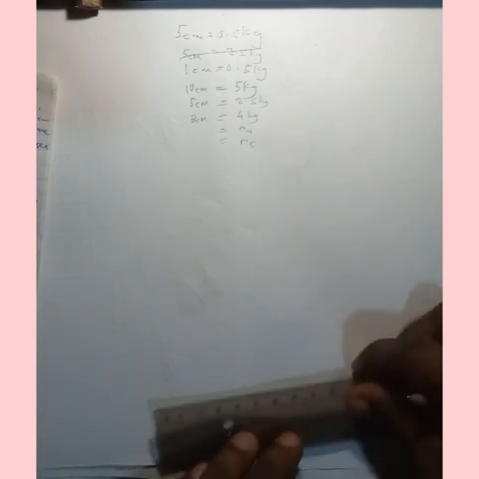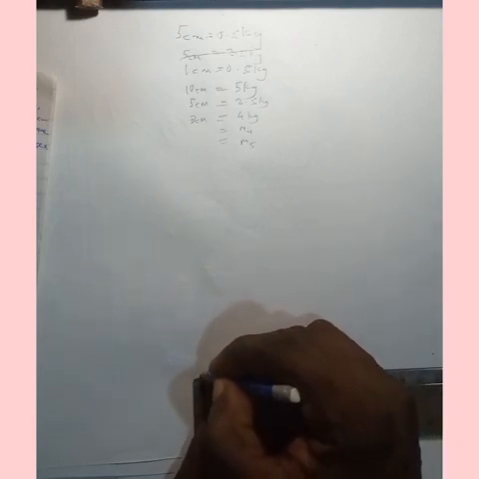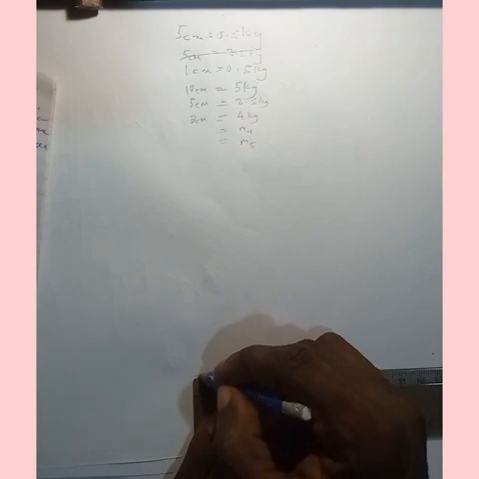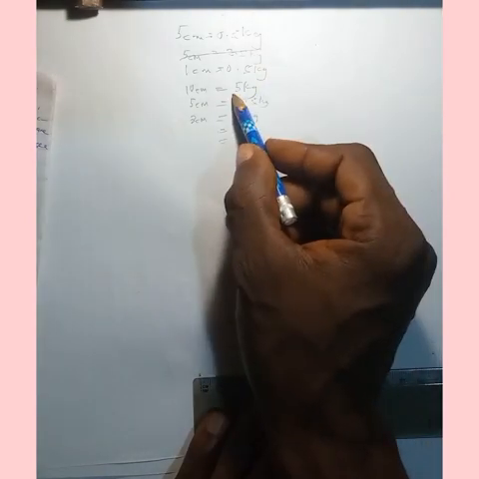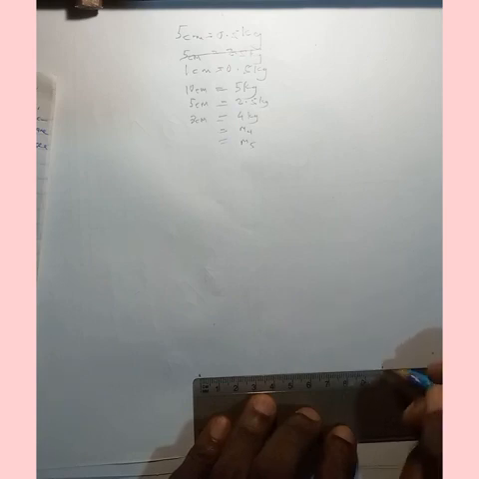We were already told that the horizontal is M1, and this is our M1, which is 5 kilogram, and has 10 centimeter. So it means from here to here is 10 centimeter.